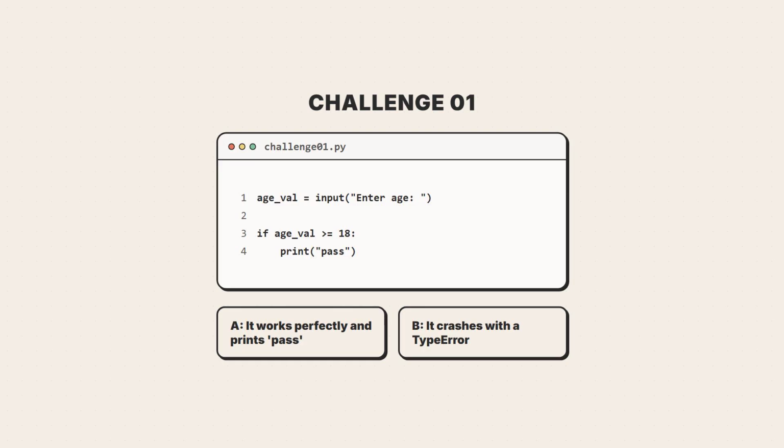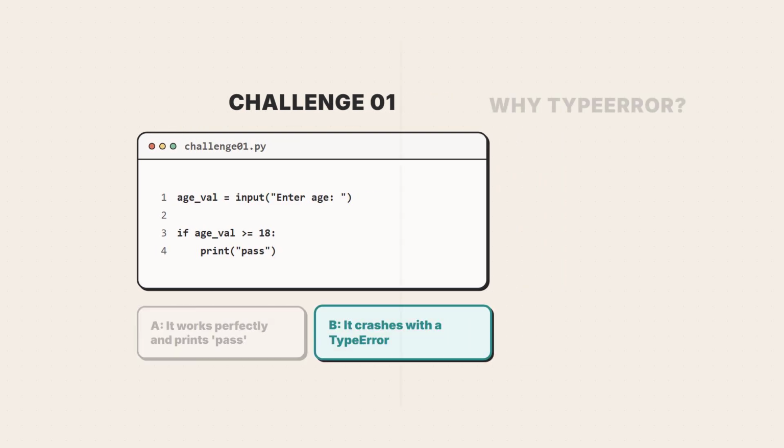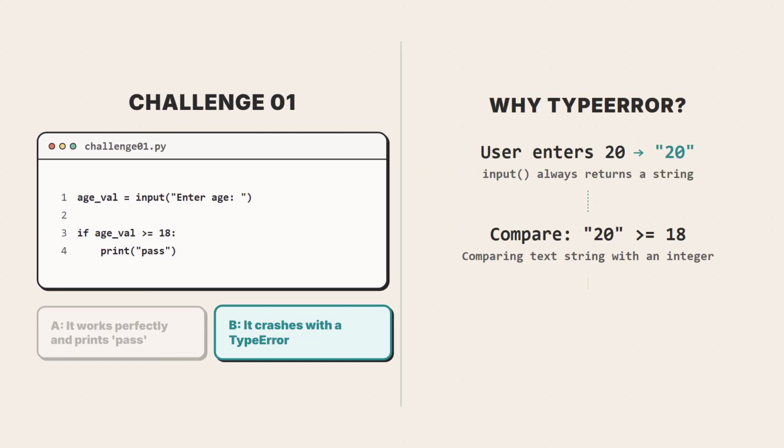Option B, it crashes with an error. Pause the video if you need time to think. Ready? The answer is Option B, it crashes with an error. Because input always returns text, we cannot compare it to the number 18. We must first convert it to a number using the int function.